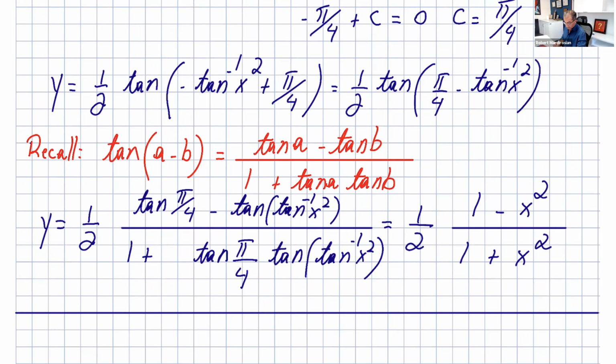So you can substitute, and you get 1/2 times tangent pi over 4 minus tangent of tangent inverse of x squared, over 1 plus tangent pi over 4 times tangent of tangent inverse of x squared. And tangent of tangent inverse of x squared is just x squared. Tangent pi over 4 is 1, and that's also x squared. So you're left with 1 over 2 times 1 minus x squared over 1 plus x squared, and that's the answer.